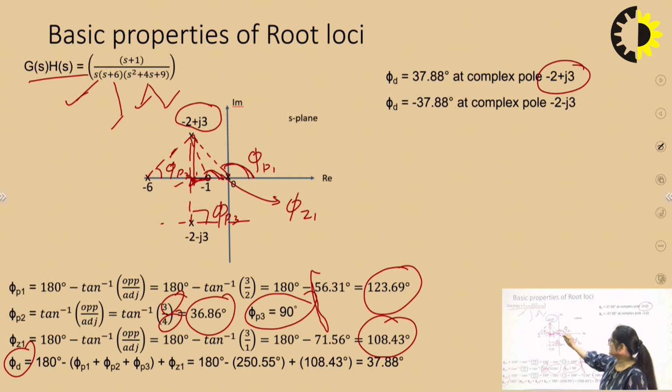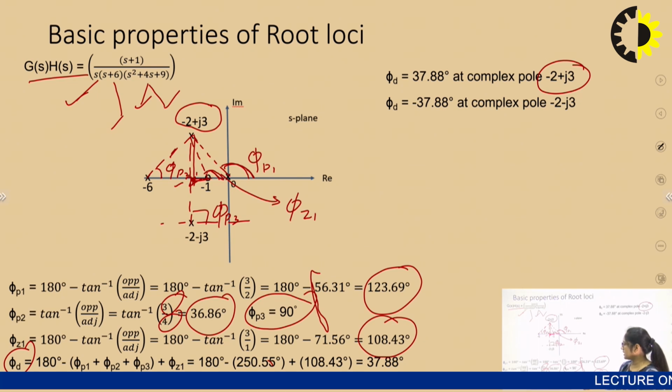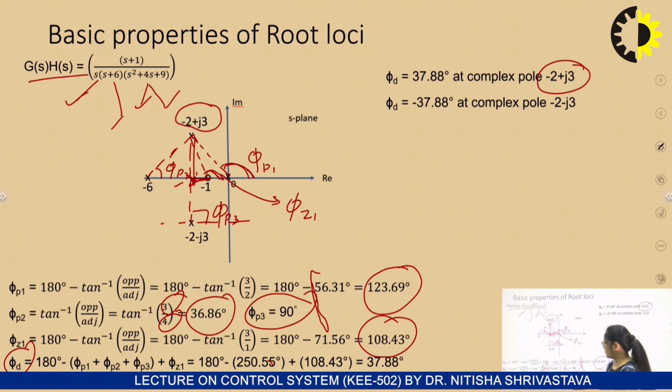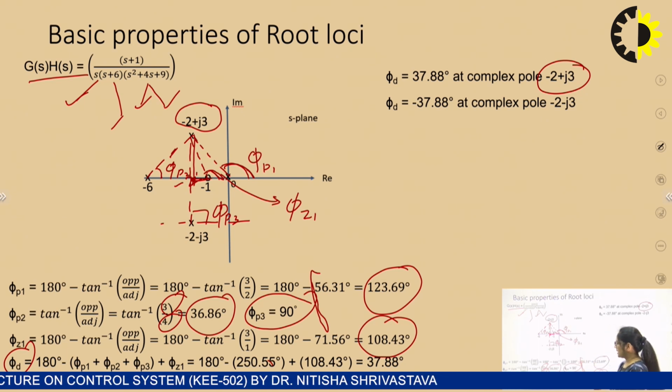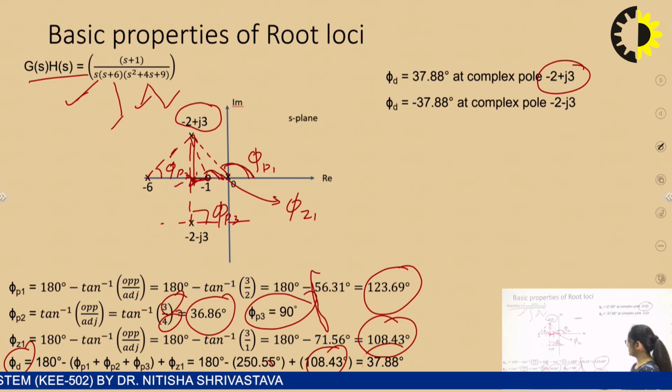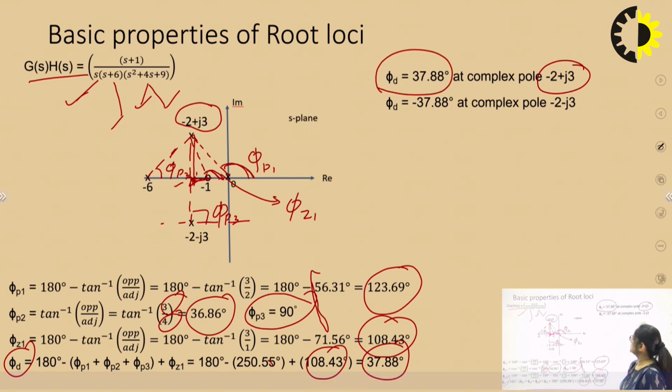These angles can be found with trigonometric relations. So 180 degrees minus the sum of the pole angles, which comes out to be 250.55 degrees, plus the zero angle, comes out to be 37.88 degrees. So the angle of departure, 37.88 degrees positive, is at the complex pole -2 plus J3.